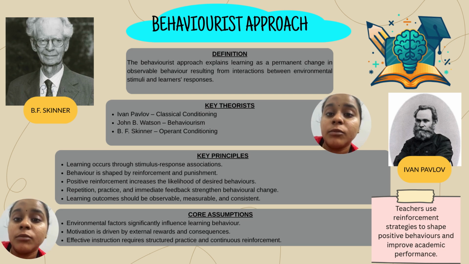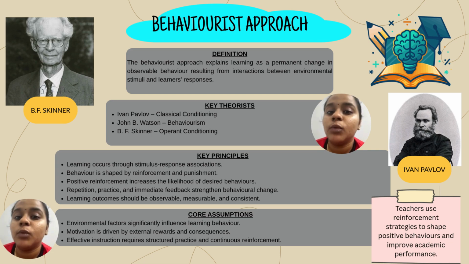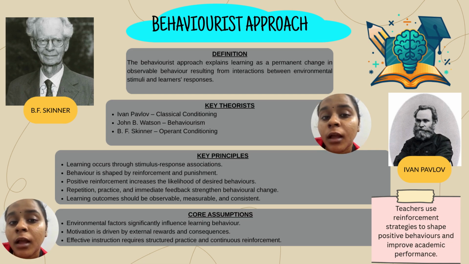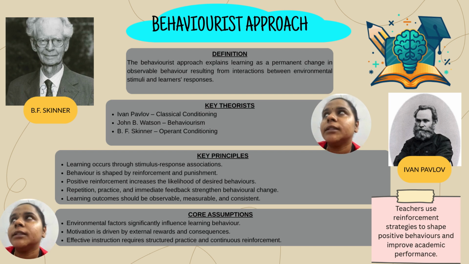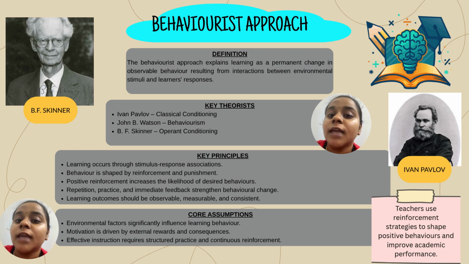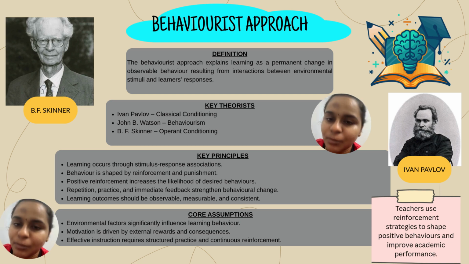His research demonstrated that behavior can be learned by associating a neutral stimulus with a natural response. The second is John B. Watson, who believed that behavior is primarily shaped by environmental influences and that psychology should focus on observable behavior rather than internal mental processes.